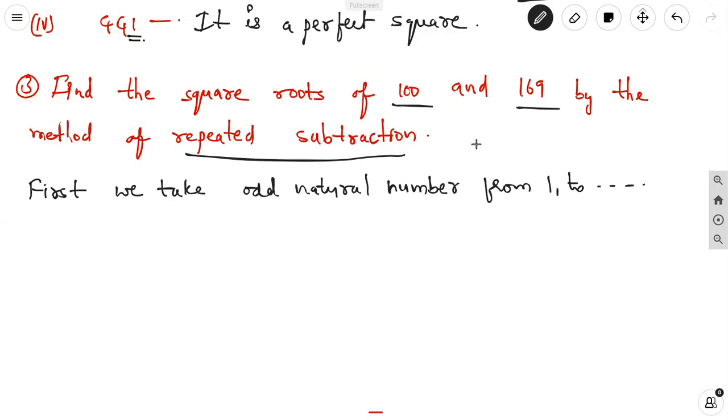That number is equal to the square root of the given number. Here the odd natural numbers are 1, 3, 5, 7, 9, 11, 13, 15, 17, 19, 21, and so on.